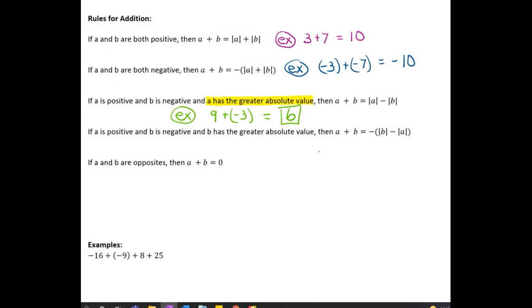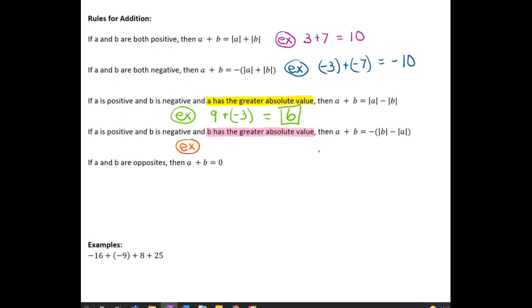Let's contrast that with when A is positive and B is negative, but B has the greater absolute value. Then we're going to take the difference again, but this time it would be the absolute value of B minus A, so the positive difference, and we would have our final answer be negative because that's the one with the bigger absolute value.